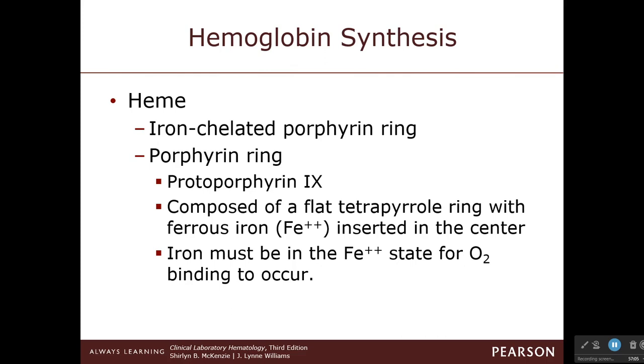Okay? So it forms what's called a porphyrin ring, protoporphyrin 9. Later on, in the next unit, we're going to talk about some things that are abnormal with hemoglobin. One disorder that has to do with heme is known as porphyria.